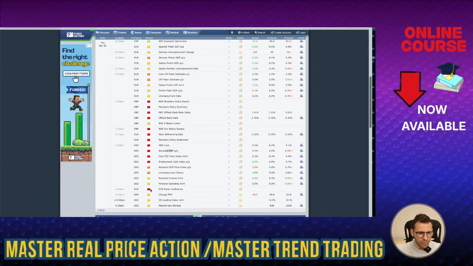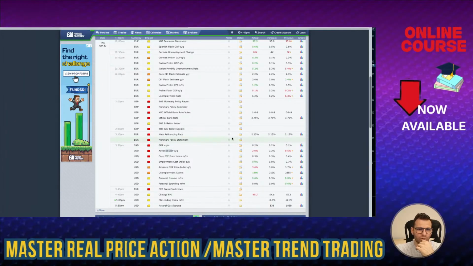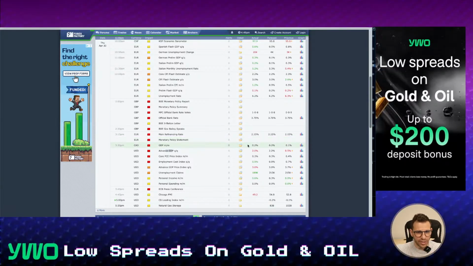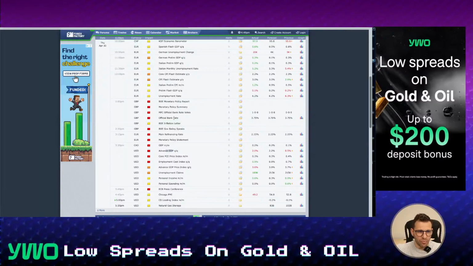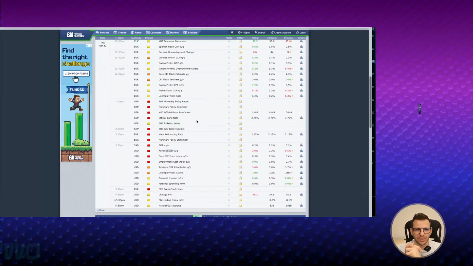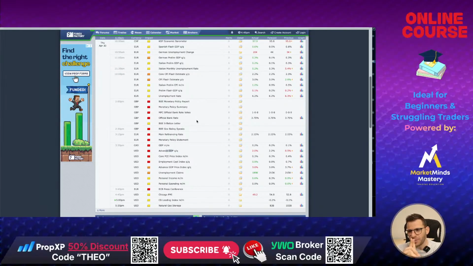At 3:45 local time, we had the European Central Bank press conference, and in the Eurozone the interest rates were kept unchanged at 2.15. Same in the UK, the Bank of England kept the interest rates unchanged at 3.75.